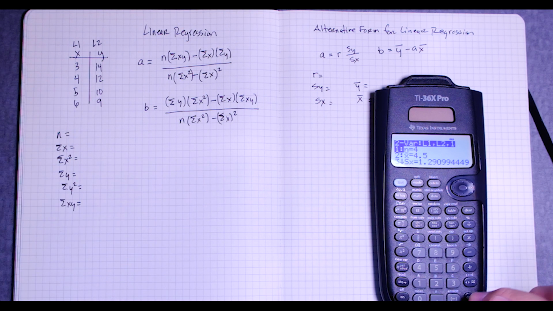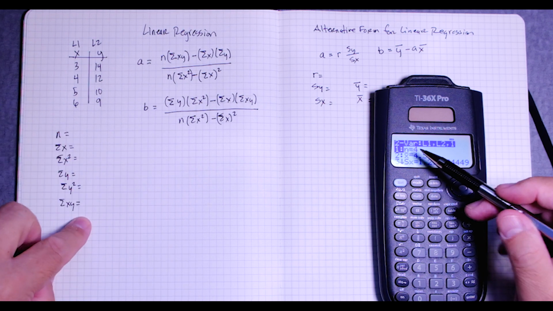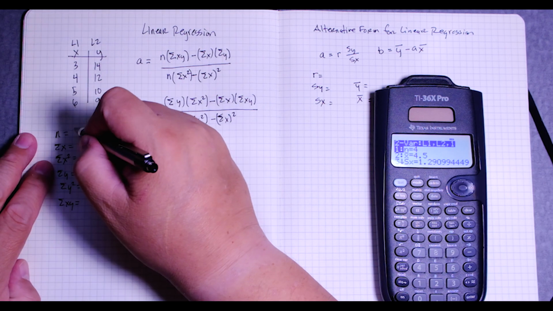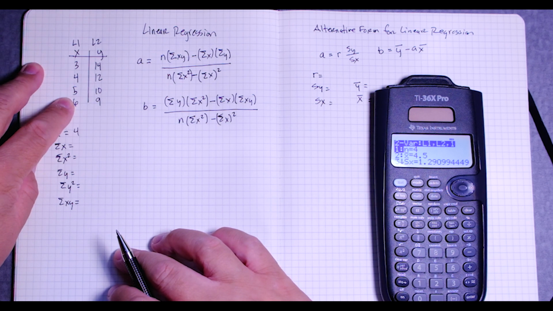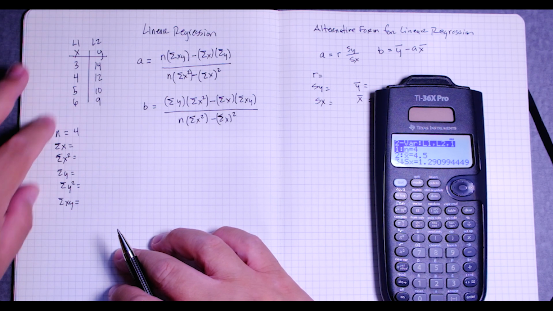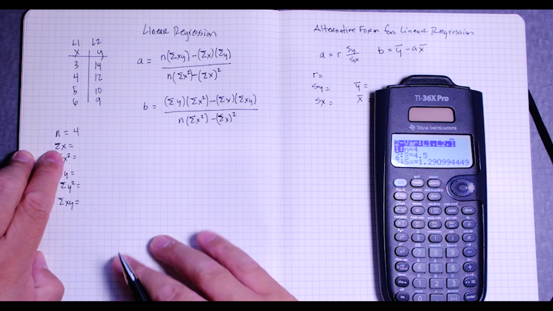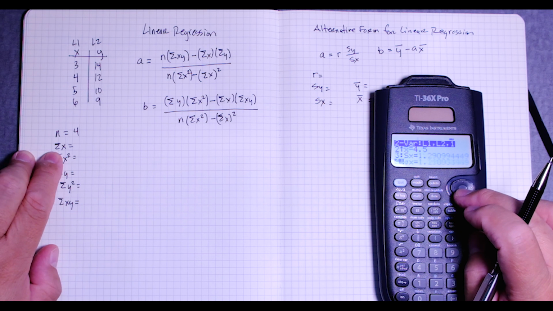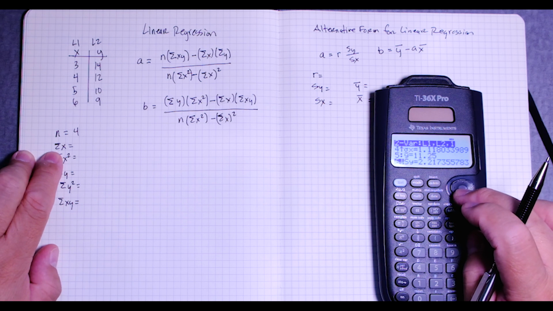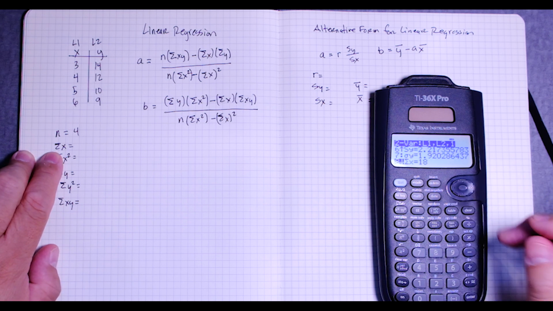Okay. Now we can get the values here. N is equal to 4, because there are 1, 2, 3, 4. There are 4 data points or pairs. Okay. And then let's see if we can find the sum of X. Sum of X is 18.